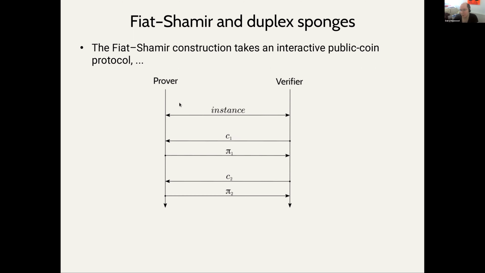So for example, we don't want the prover to be able to influence C2 when it chooses pi1. So C2 should look random regardless of what pi1 is.